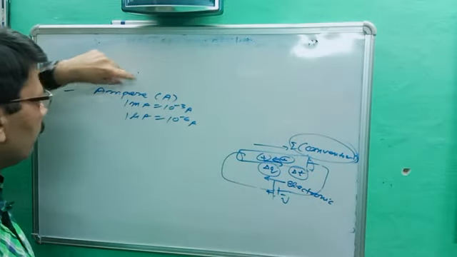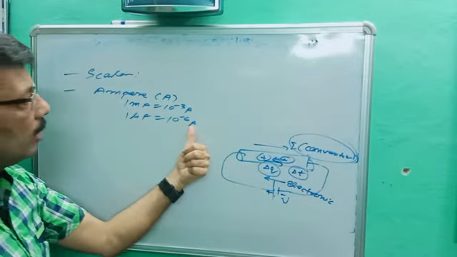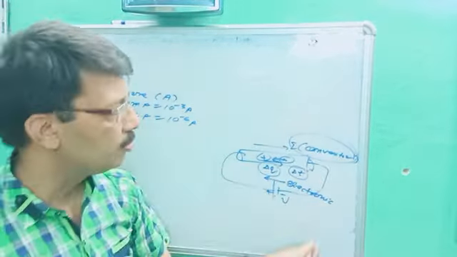Its unit is ampere. 1 milliampere is equal to 10 power minus 3 ampere. 1 microampere is equal to 10 power minus 6 ampere. Mostly we will use conventional current, from positive to negative. So this is all about electric current.